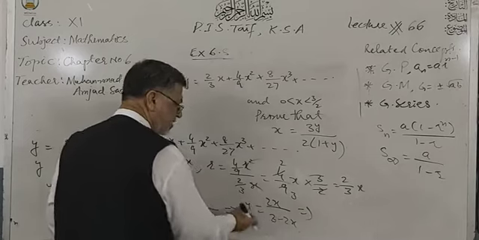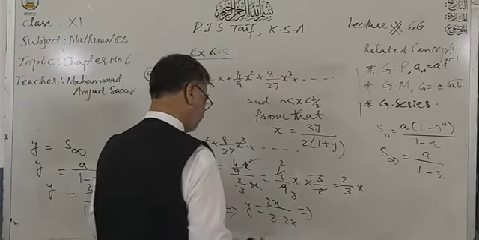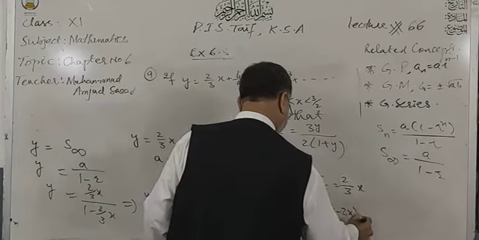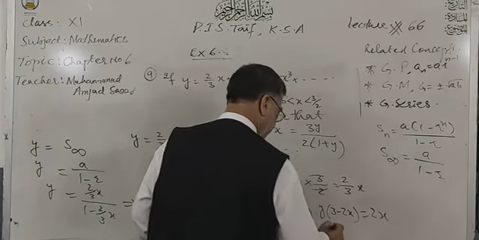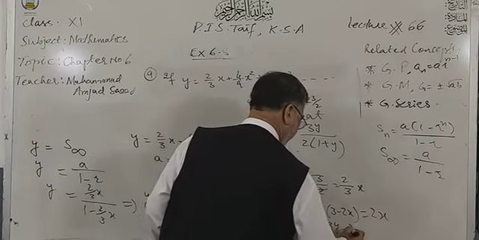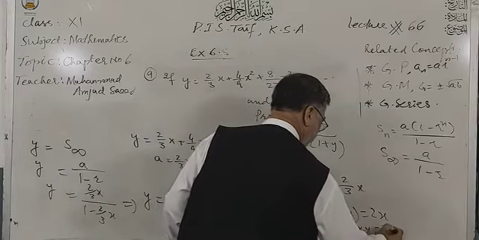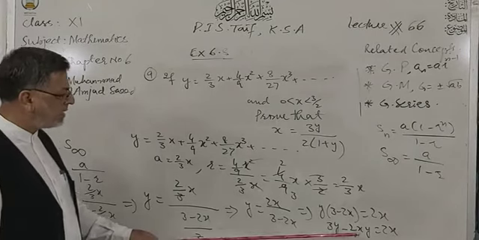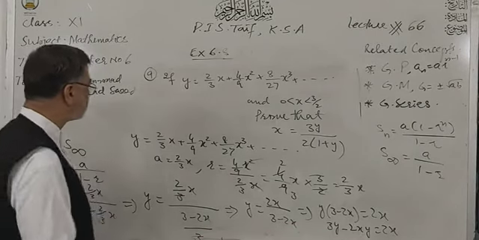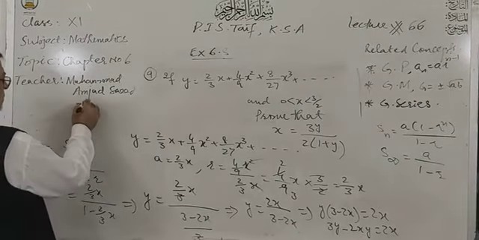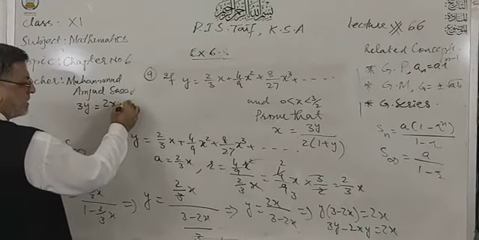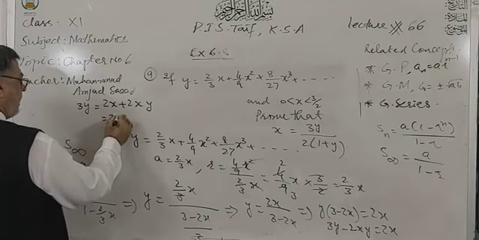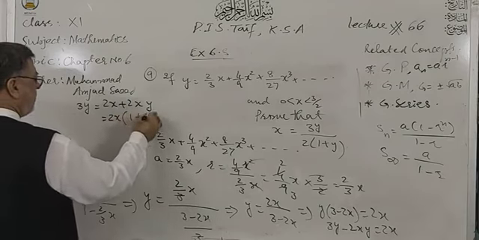Then take 3 minus 2x to the left hand side. So y into 3 minus 2x is equal to 2x. This will be 3y minus 2xy is equal to 2x. Take this minus 2xy to the right hand side. 3y is equal to 2x plus 2xy. Taking 2x common, 3y is equal to 2x into 1 plus y.